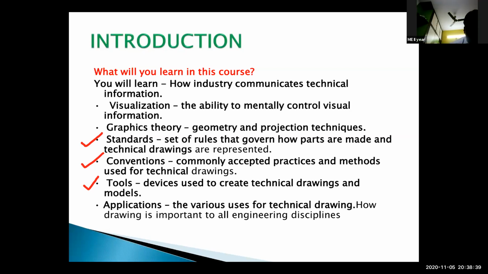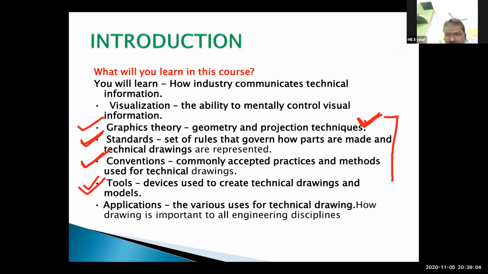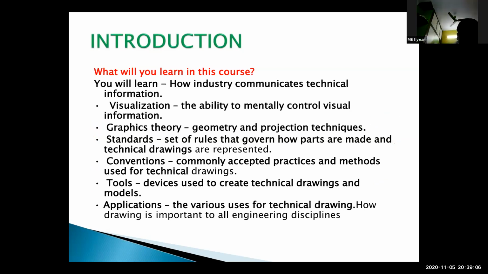Before that, one has to know the projection techniques. If one knows the projection techniques, then only can he convert the object into views: front view, top view, side view. By knowing the standards and conventions and the tools, he can draw the front view, top view, and side view.